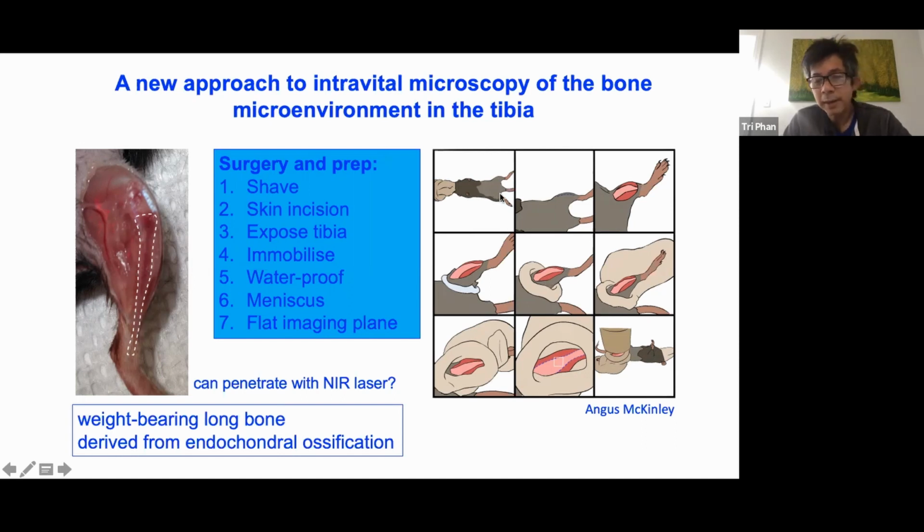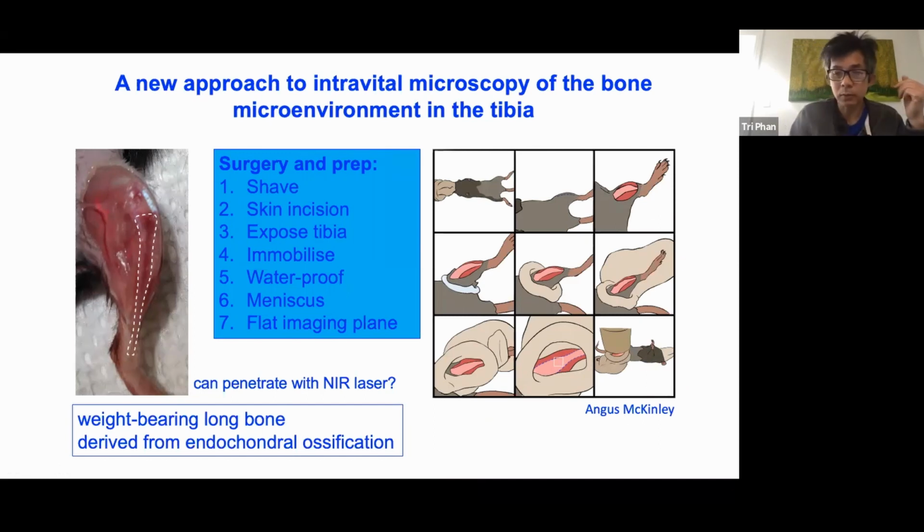So essentially, this is the mouse anesthetized, the skin is shaved, an incision is made, the tibia is exposed, and then the leg is immobilized. And one of the things that we need to do is we use a silicone grease and thermal conductive putty to create this imaging chamber that needs to be waterproof, because we image directly without a cover slip.